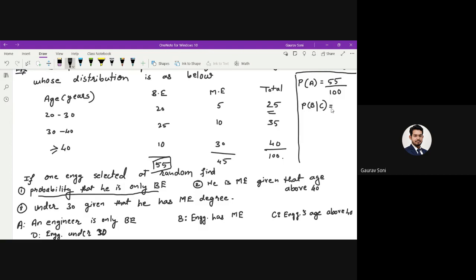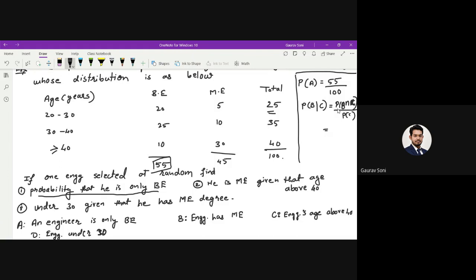Probability of B intersection C upon probability of C. B is that he is an ME and C is that he is above 40. How many engineers are having ME as well as those are above 40? That will be B intersection C. So they need to be above 40 as well as they should hold the ME degree.